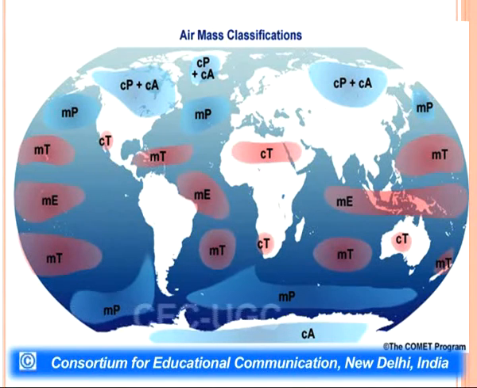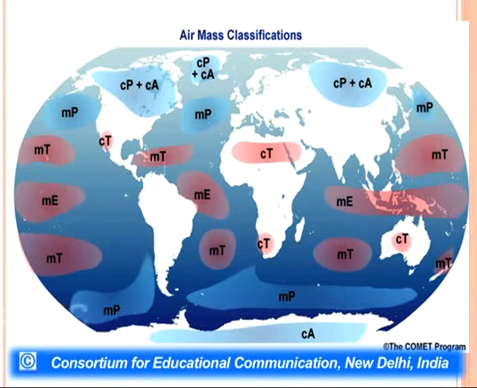Therefore, 3 air masses are largely found in the winter season, and similarly 3 air masses are found in the summer season. So first of all, we will discuss the winter season. At the northern part of Asia covering Siberia, friends, Siberia is the largest cold area in the northern hemisphere.